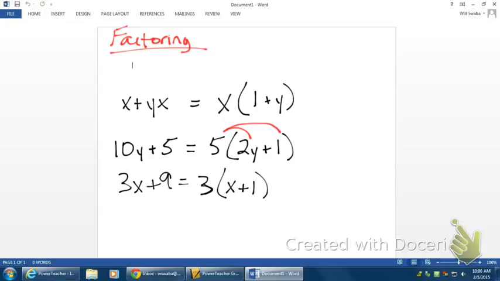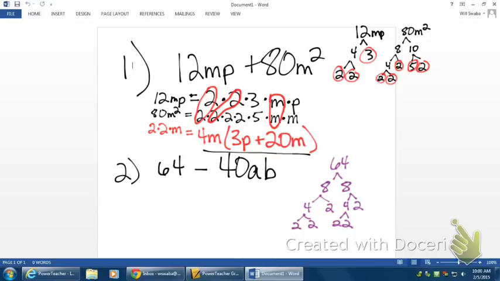So my first step is to factor tree out 64. Now I'm going to circle the end of my roots right here. So I got a 2 here and a 2 here. I have another 2 up there. I got a 2 down here and a 2 down here. And then I have another 2.